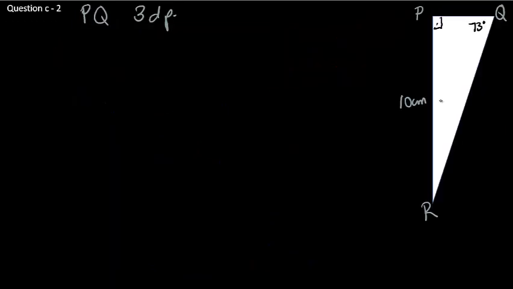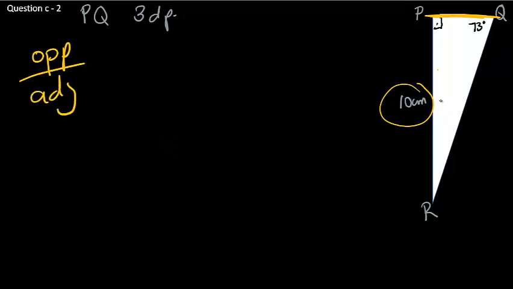Last question for this video. Solve for PQ, which is this one. Technically that's adjacent, to 3 decimal places. They give us opposite, and we're asking for adjacent. So adjacent over opposite, you don't know, but you know opposite over adjacent.